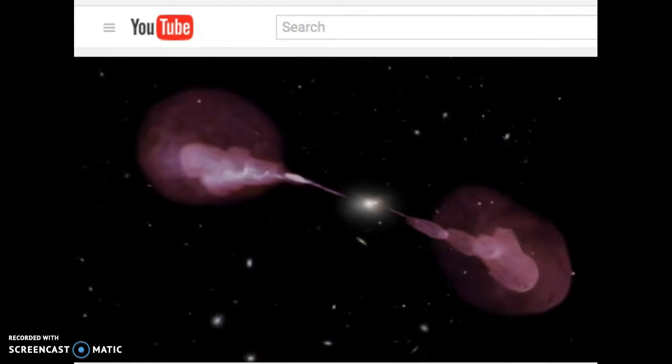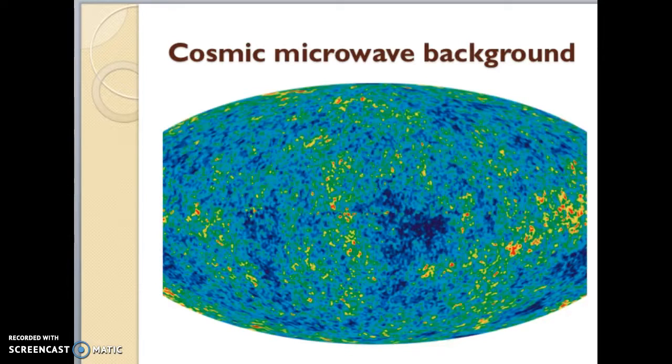Here is another view from a radio telescope converted into a visual image of the cosmic microwave background radiation. It's a very faint, ever-persistent radiation everywhere we look in the universe. It was discovered in the 1960s by the Nobel Prize winning discoverers, American astronomers Arno Penzias and Robert Wilson.